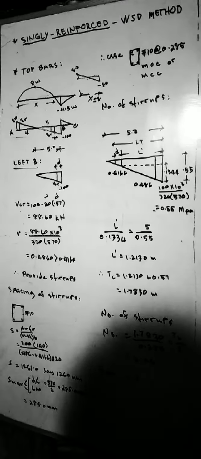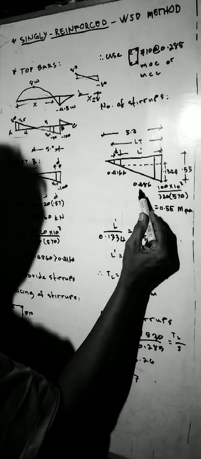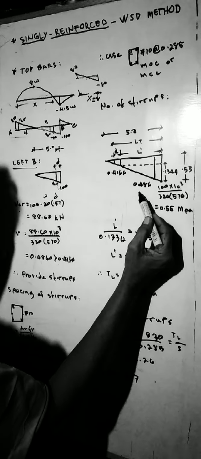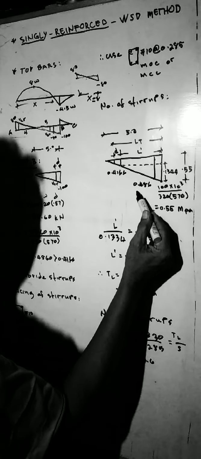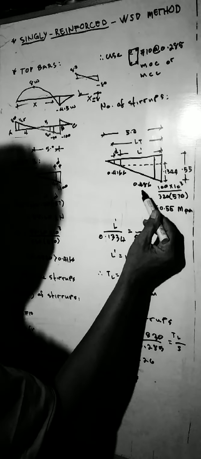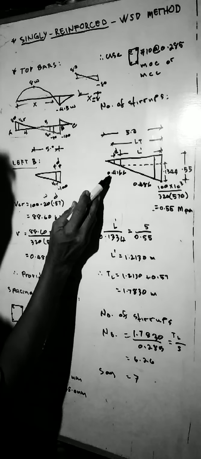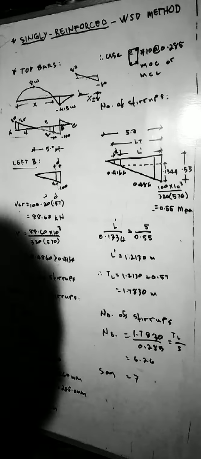The actual critical shear is 0.486, and the allowable is 0.4166.